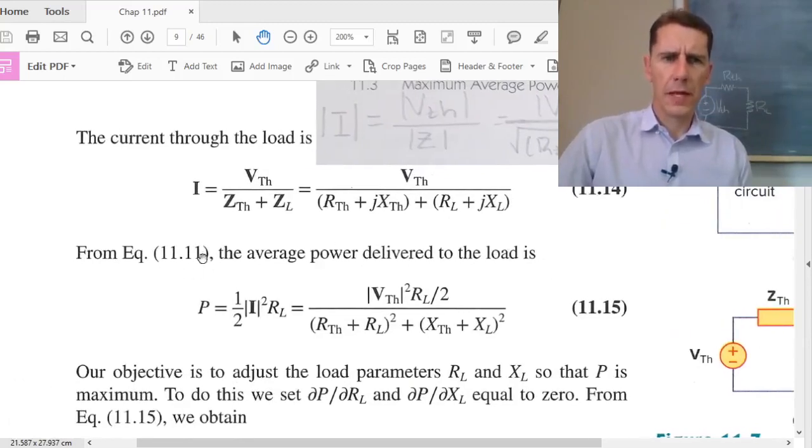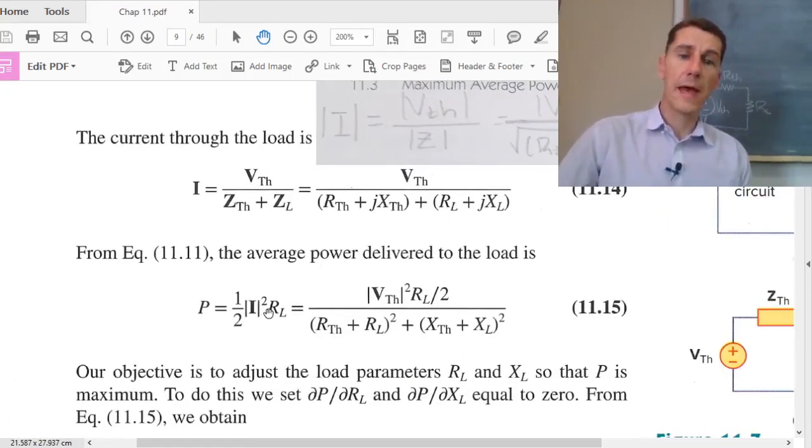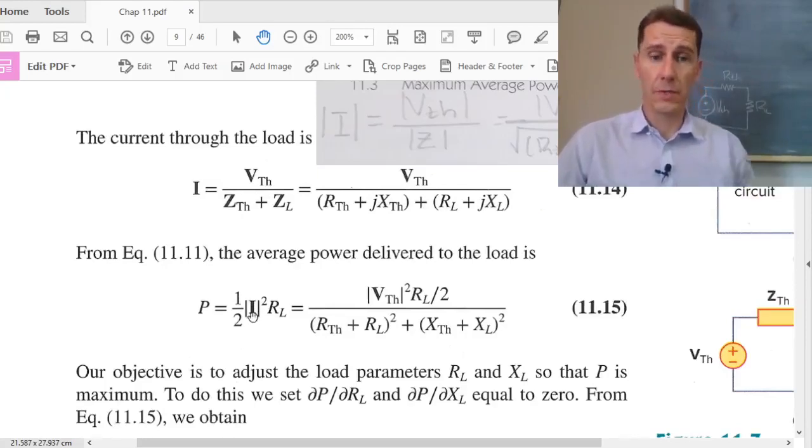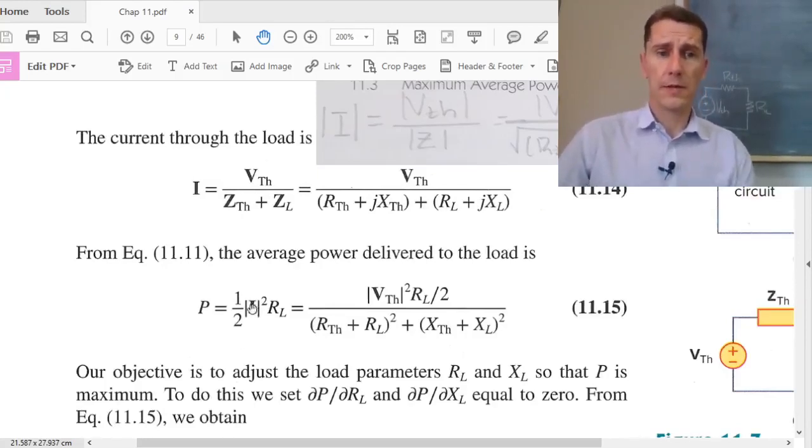Right, but from equation 11 we know that the average power is half |I| squared, RL. So how do we get that magnitude? And then they immediately jump to V Thevenin magnitude squared, so that's fine. We just take the magnitude and then square it. But then they suddenly jump to this equation. So where does this come from?